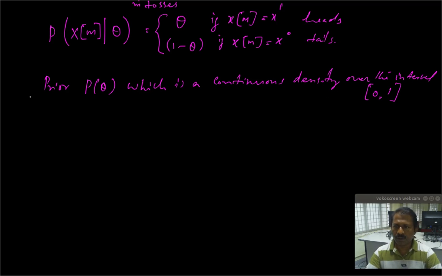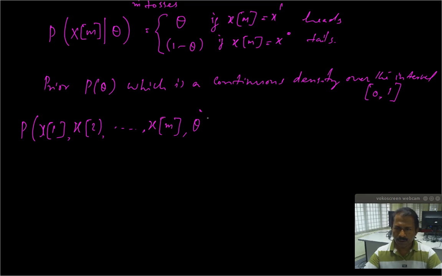So let me write this probability of x1, x2, up to xm, comma theta.